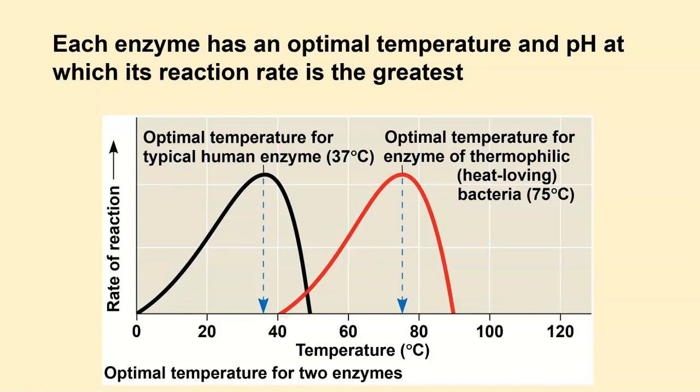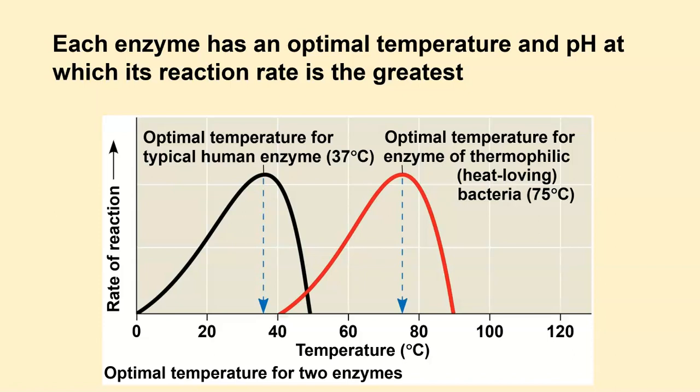If the conditions in the environment are not optimal, specifically temperature or other things like pH, salinity, or a few other examples of environmental conditions, they can actually denature or change the shape of the enzyme. And with that, it wouldn't be able to do its job.